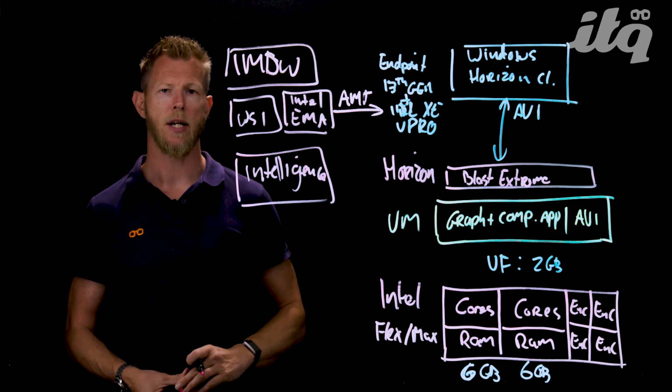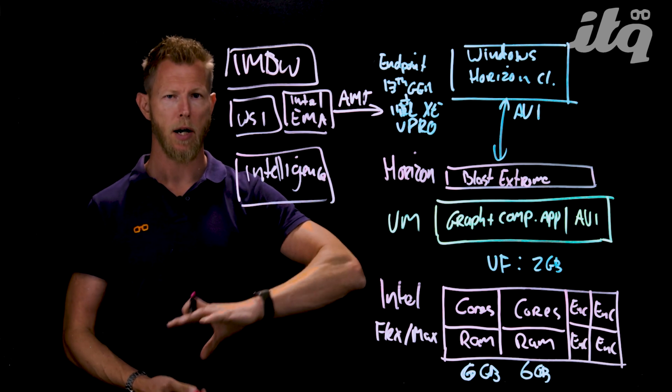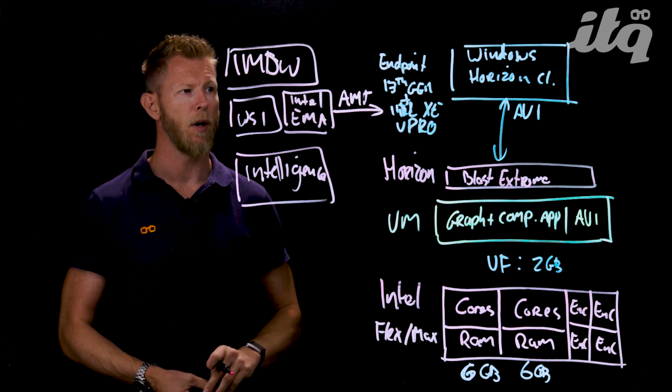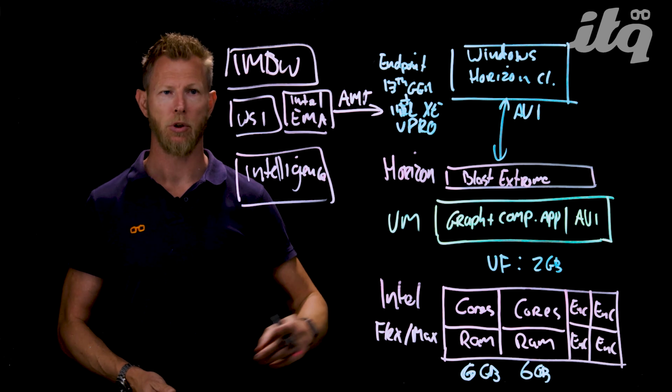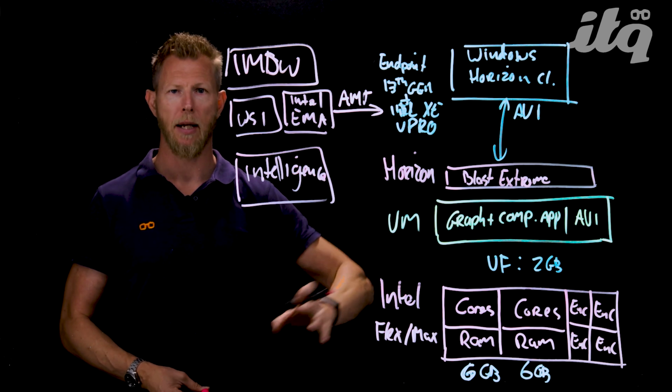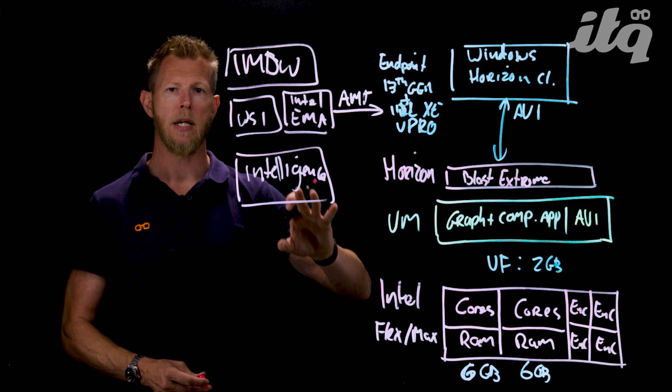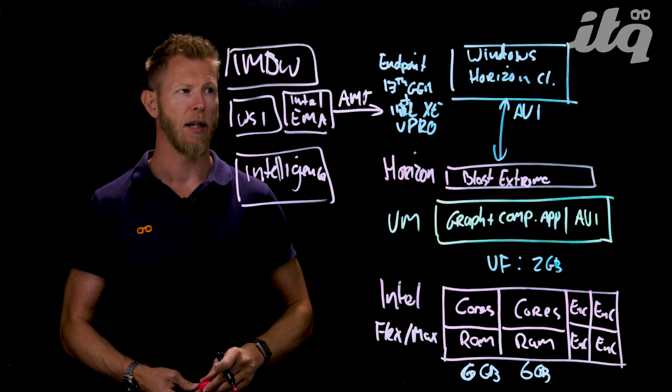And in case they are not, we can automatically run an update overnight, for instance from Windows 10 to Windows 11, or patch the machine, or apply security updates, or whatever, without the end user having to do anything.